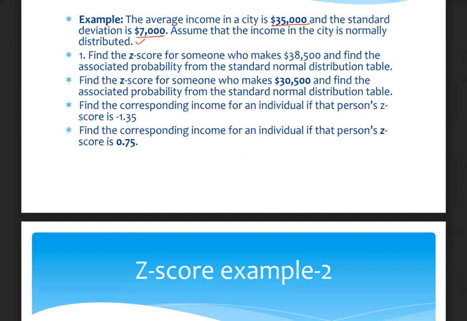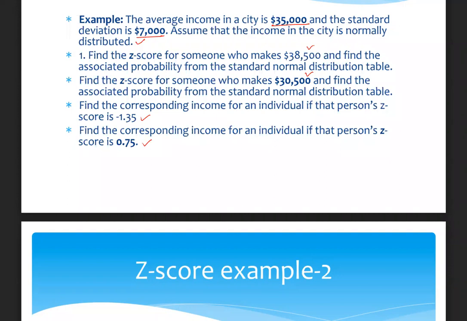Now, here I ask you to find the z-score for someone who makes 38,500, z-score for someone who makes 30,500, and find the corresponding income for someone whose z-score is negative 1.35, and find the corresponding income for an individual that has a z-score of 0.75. So there are 4 problems here. They are all similar and all use the same formula.